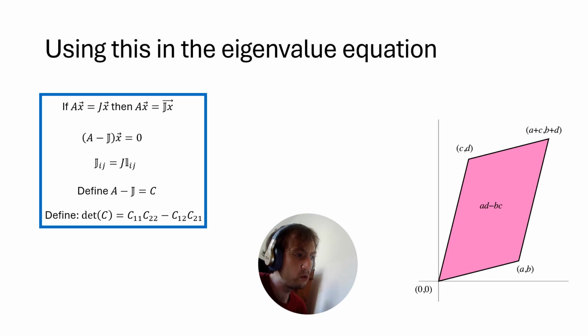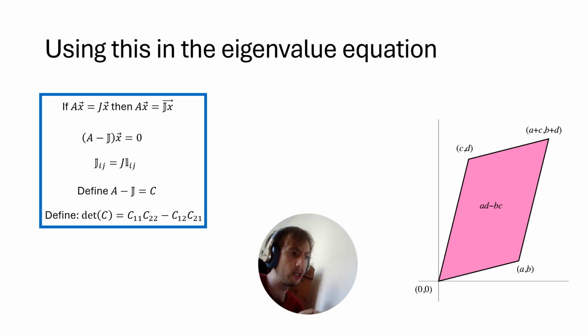And so we rewrite our factorised version of the eigenvalue equation as A minus J, but now J is the matrix equivalent, multiplied with the eigenvector x is equal to 0.